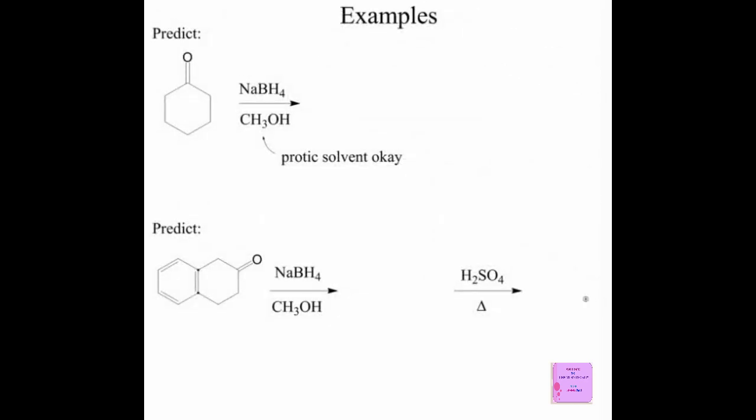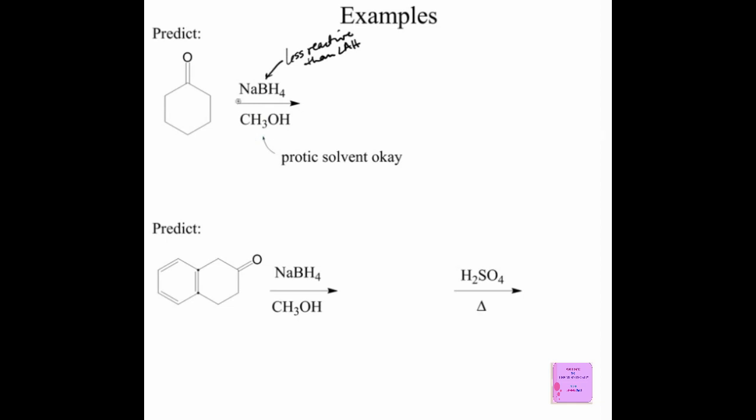Let's see a few examples of this. Now we just saw one with lithium aluminum hydride. With LAH, we need a 2-step process. First we react with LAH, and then we react with H3O+. We do a workup. Okay, NaBH4 is less reactive. This is less reactive than LAH. So we don't need to do a stepwise approach.